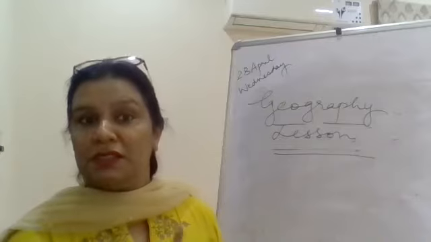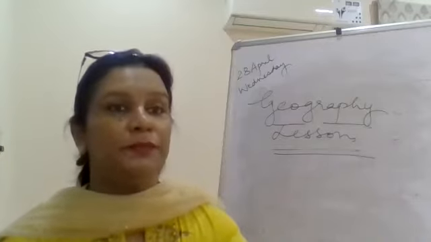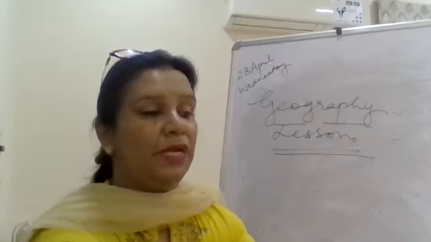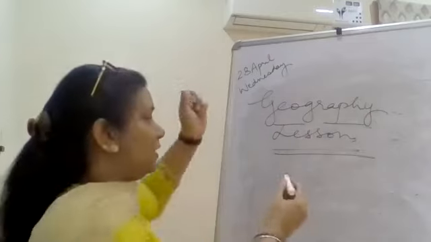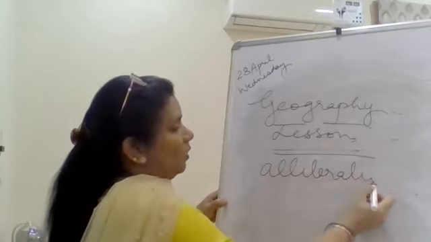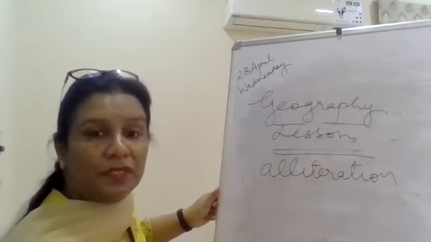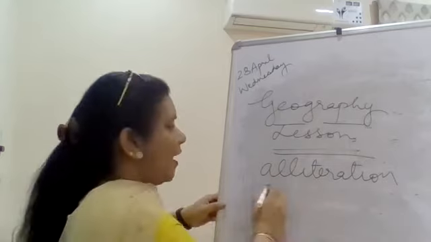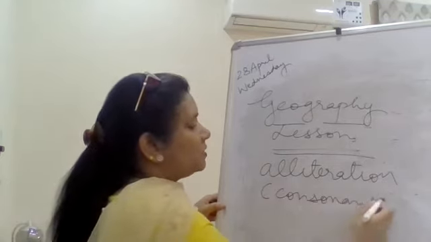Now, what is this device called where there is the repetition of the same consonant sound? Please note down. I think you might have discussed it in your earlier classes. It is called alliteration. Write it down in your books, and in brackets write a consonant sound.